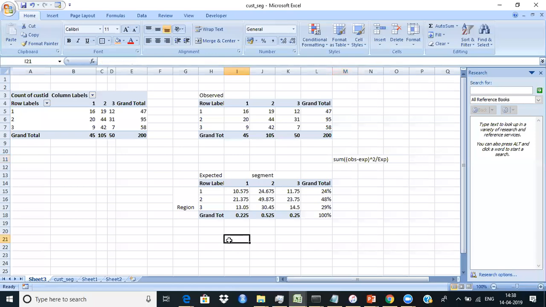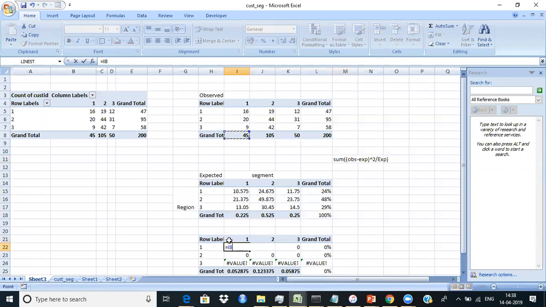So let's calculate it. This is observed minus this is expected, to the power 2 divided by expected, right?